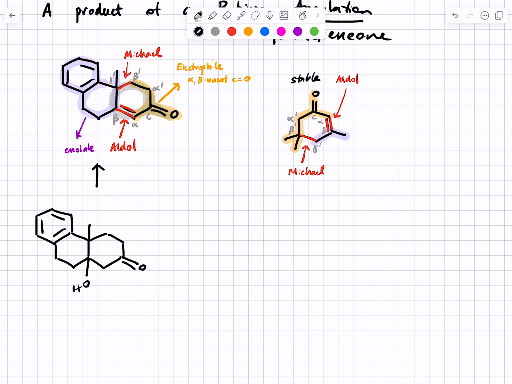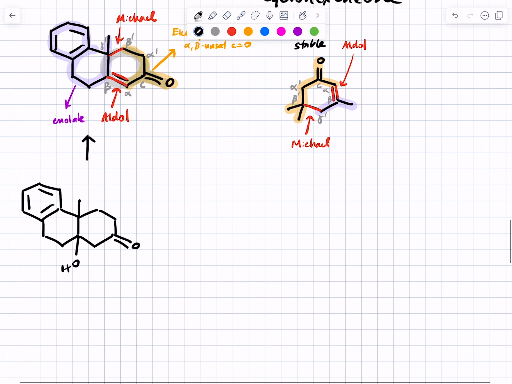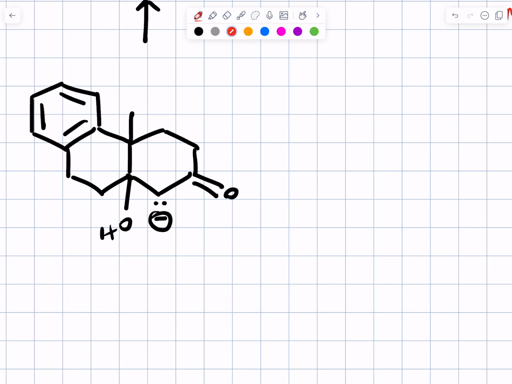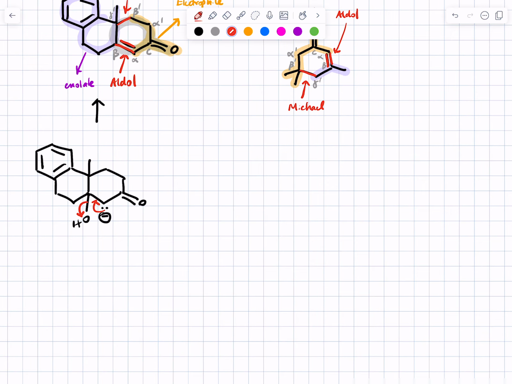Now, because we don't have a huge amount of time, I'm going to stop pausing to highlight things in color, though I encourage you to go back and do that if it's helpful to you. The immediate precursor is the enolate, and recall that the way this works is lone pair electrons on that enolate kick down and kick off the OH minus group, right?